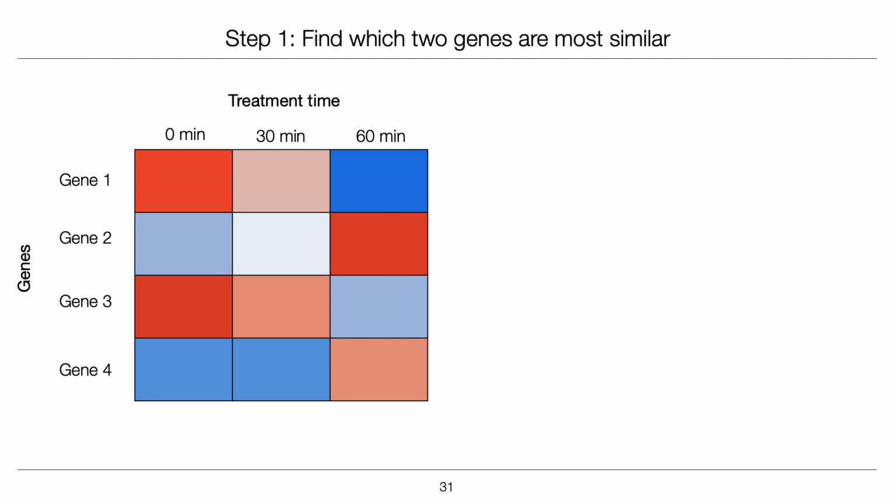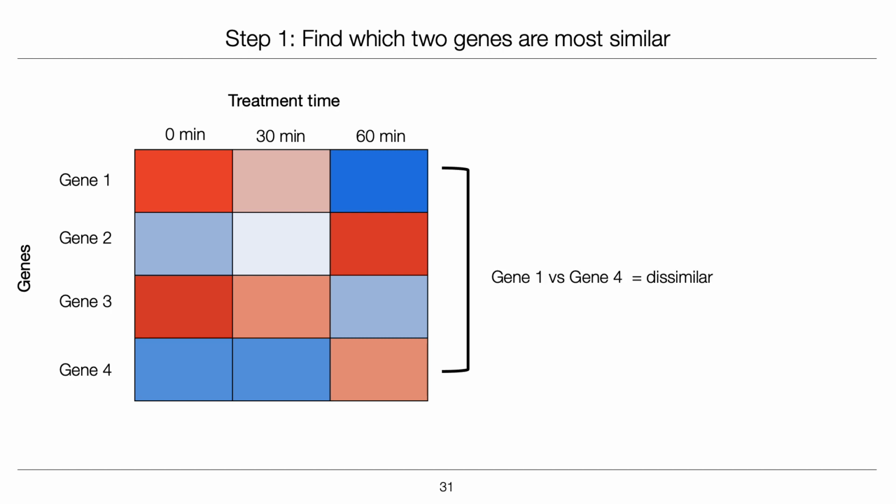The first step of hierarchical clustering is to find out which pair of genes has the most similar expression patterns. We have to examine all pairs of genes. We can see that gene 1 and gene 2 are dissimilar. Gene 1 and gene 3 are very similar.